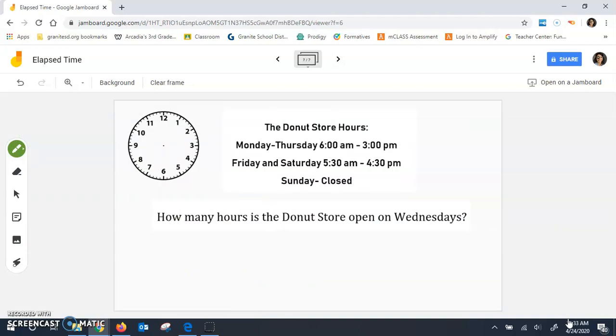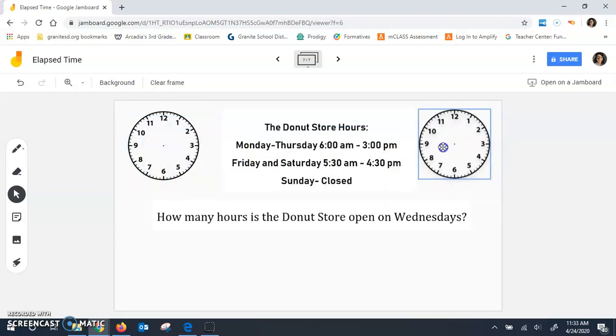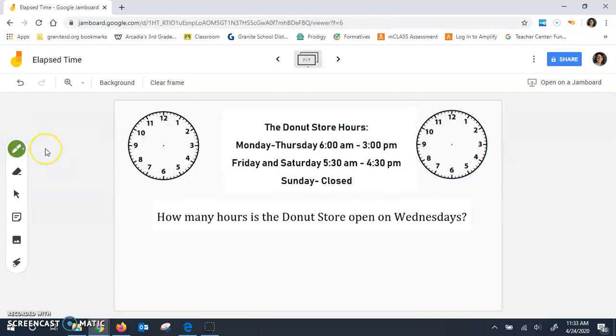Same donut store here. How many hours is the donut store open on Wednesdays? So Wednesdays, I'm going to make another clock here for us to use. And I'll put it over here. So Wednesday, they are here, so from 6 a.m. to 3 p.m. So I'm going to draw my 6 here.